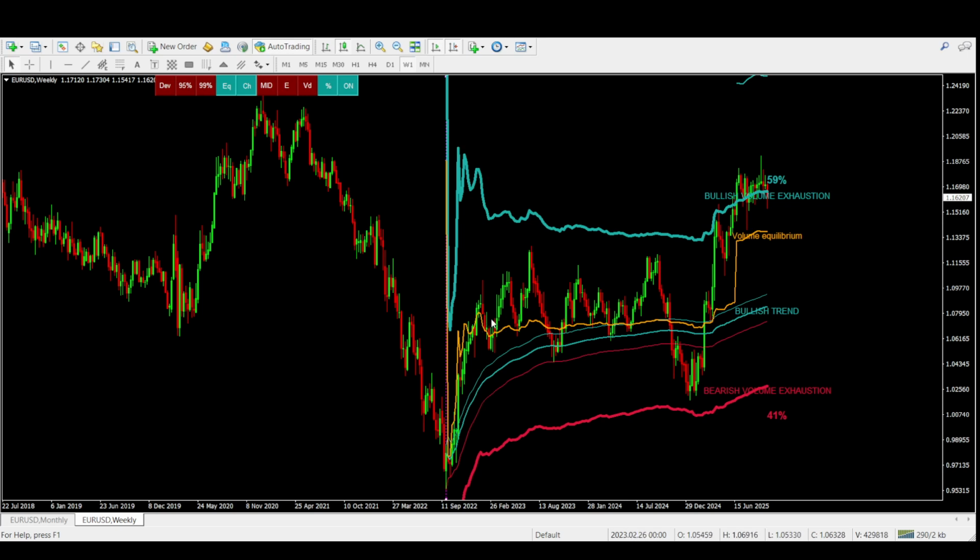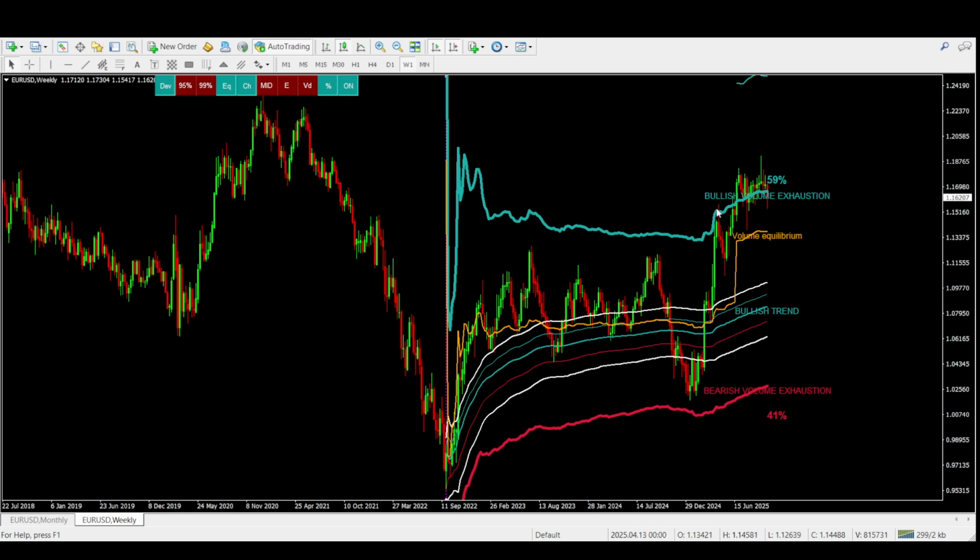Okay, the market entered the bullish volume area, corrected again. This is another correction, a little bit deeper, but anyhow, this is not interesting, right? This is support.